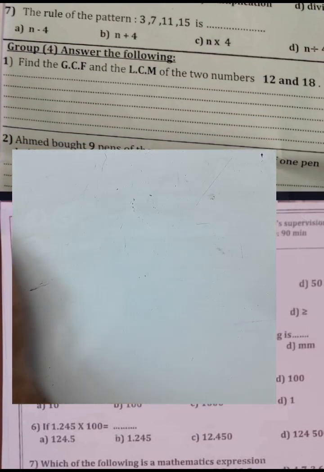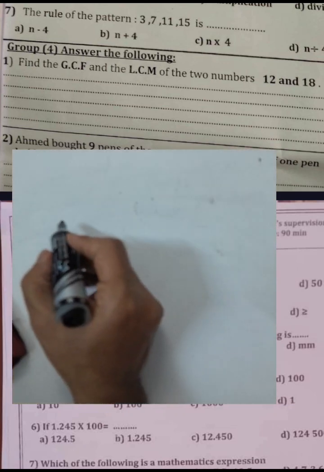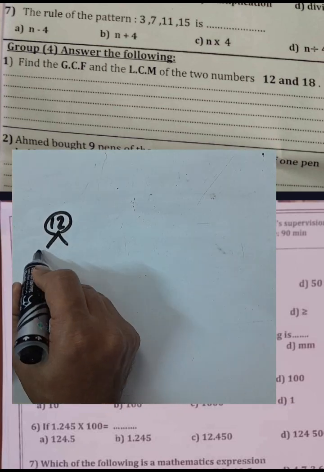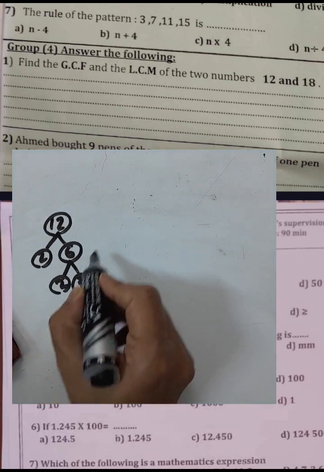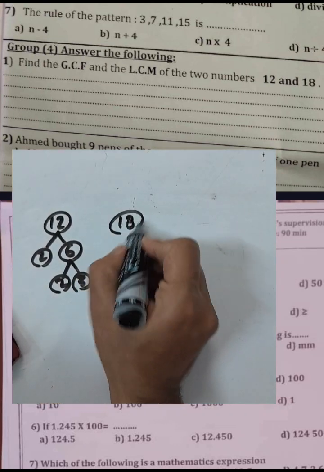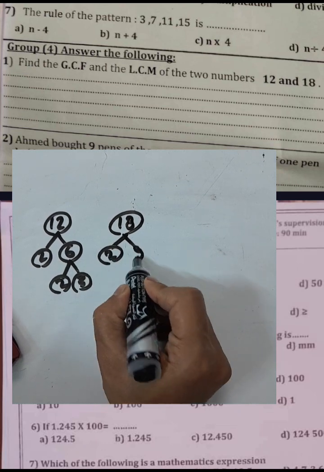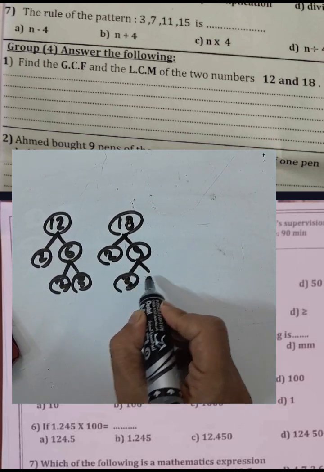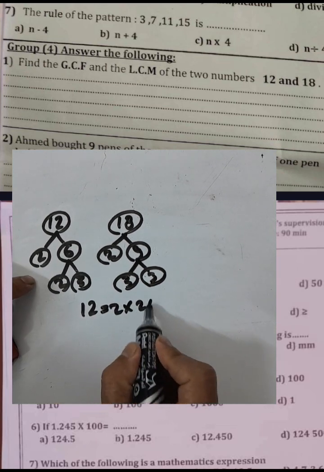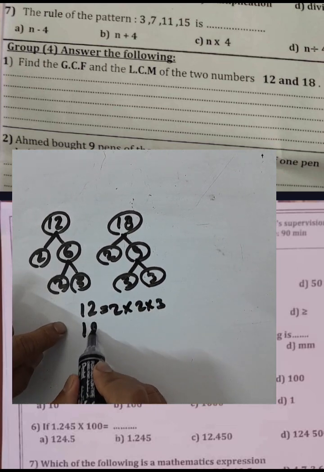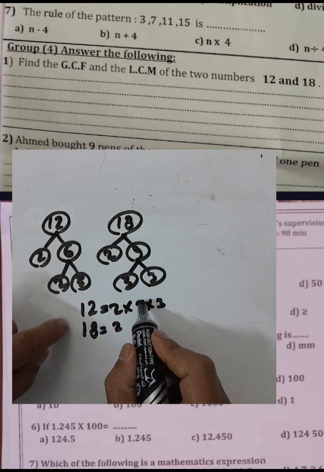Question 8. Find the greatest common factor and least common multiple between 12 and 18. 12 equals 2 times 6, and 6 equals 2 times 3. 18 equals 2 times 9, and 9 equals 3 times 3. Then 12 equals 2 times 2 times 3, and 18 equals 2 times 3 times 3.